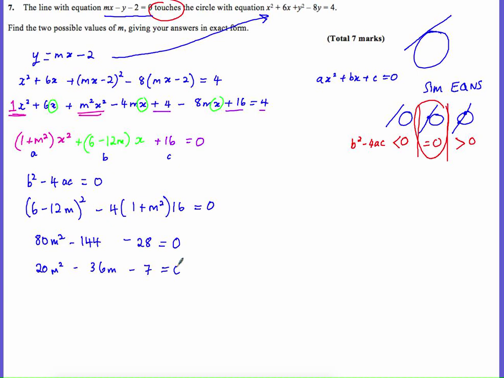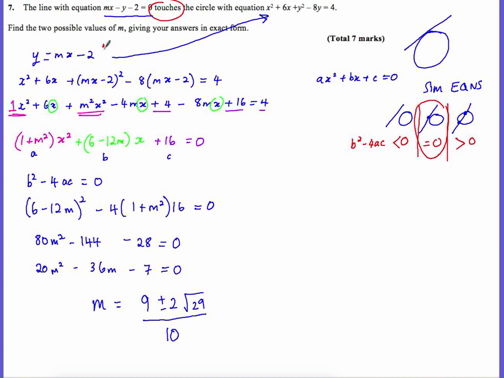It's not cheating, it's fine. Or use the formula, since it's not going to factorise. Eventually you get that your m values are (9 plus or minus 2 root 29) over 10. Not nice to look at, fairly gruesome, but very doable.